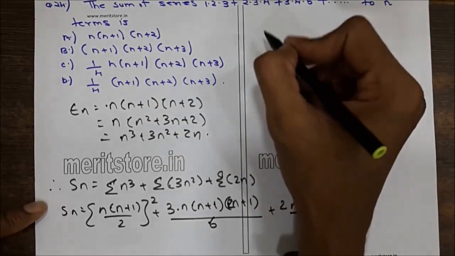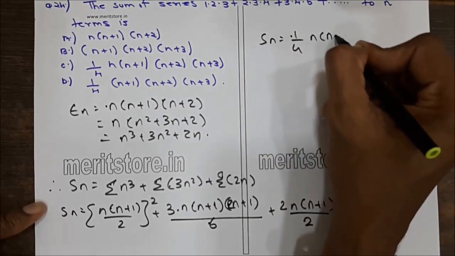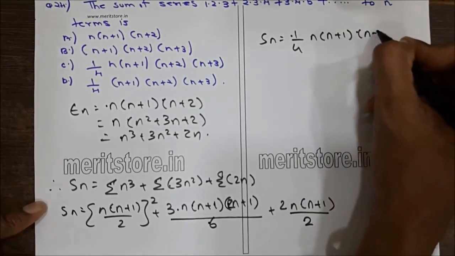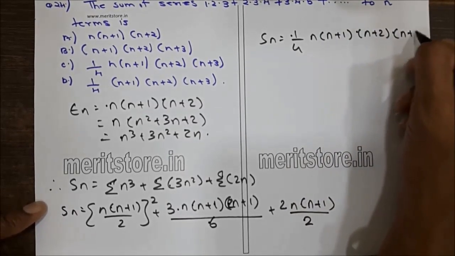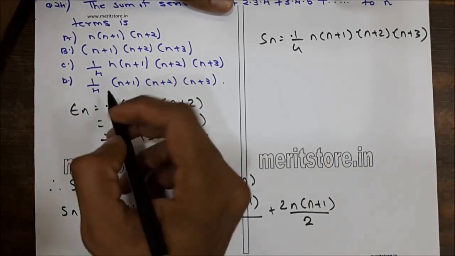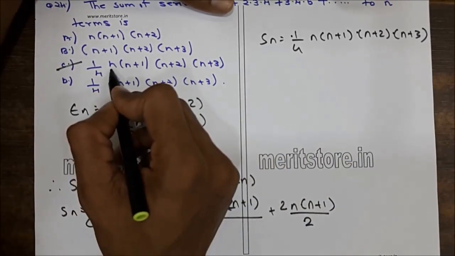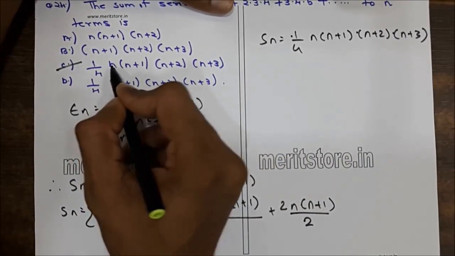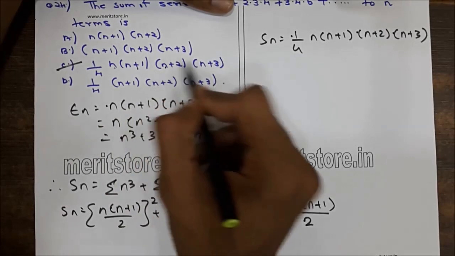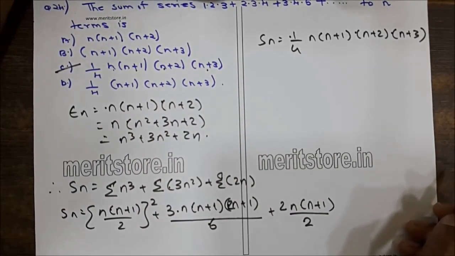Further solving this we get Sn as 1 by 4 n into n plus 1, n plus 2, n plus 3, which is our option C. Therefore option C is the correct answer.